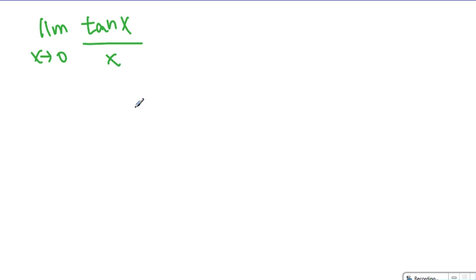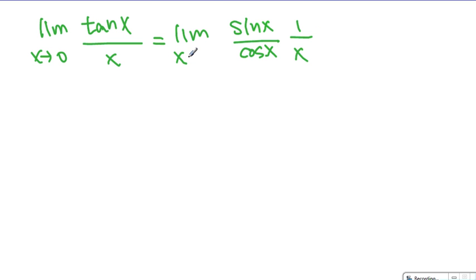Now, once again, in this case, if you plug in 0 for tangent and also 0, then you will get 0 over 0, which is an indeterminate form. Therefore, we need to do something about this. Aha, if you remember what tangent was, tangent is in fact sine of x over cosine of x, and then this x is dividing, as x approaches 0.